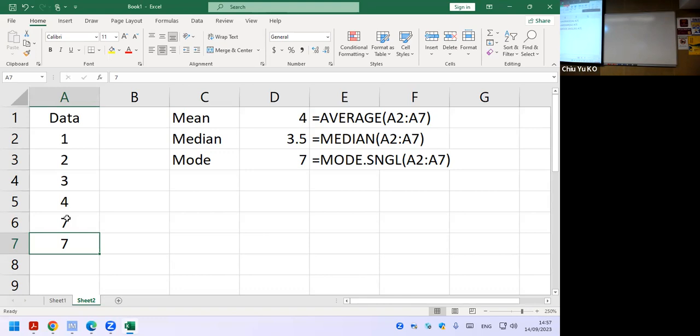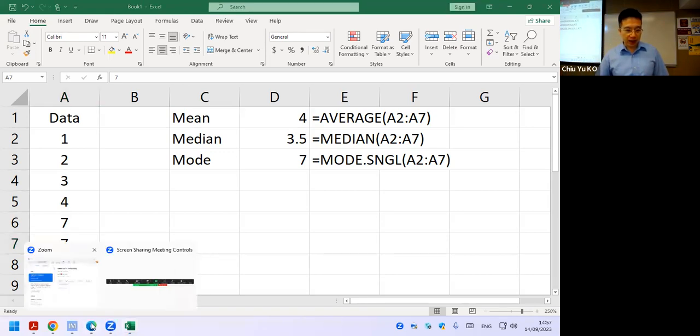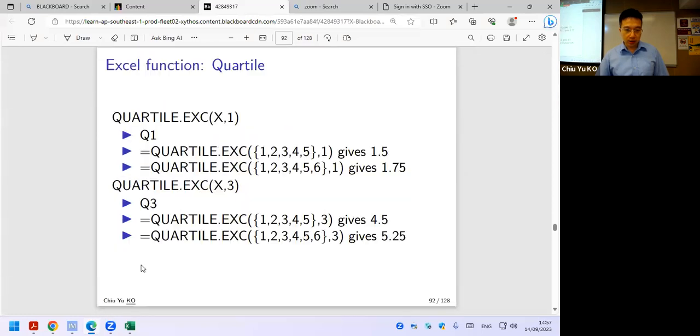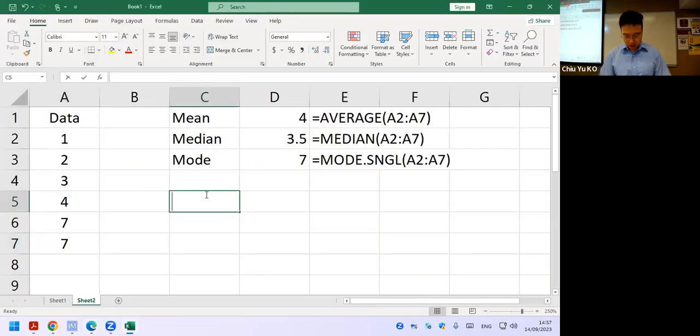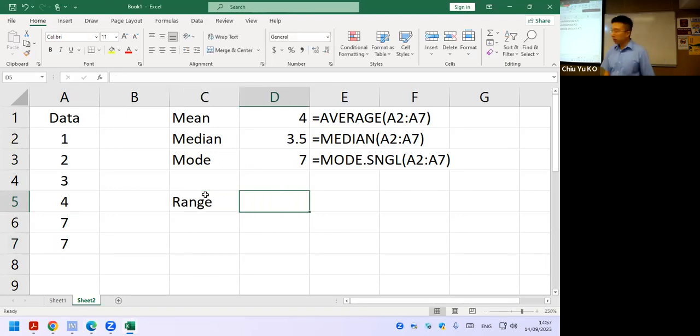Now I want to show what we learned: range, interquartile range, standard deviation, those kinds of things. So let's start with range. I do the same for the slide. How do we do range? Range comes from maximum minus minimum, right? So let's find the maximum and minimum.